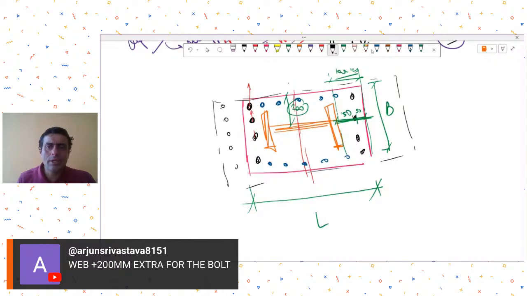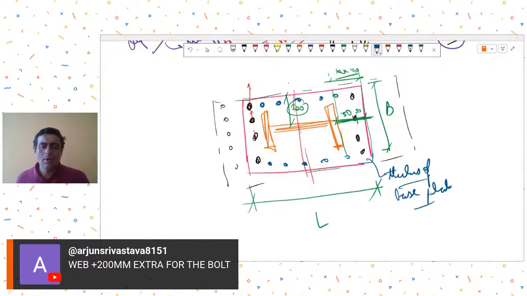Also, one thing you can try is to change the thickness. Now when we change the thickness of base plate in our hand calculations, usually the thickness does not come into picture, because we usually don't do the calculation as per the base plate thickness. So that thing usually is not accounted for in our hand calculations.